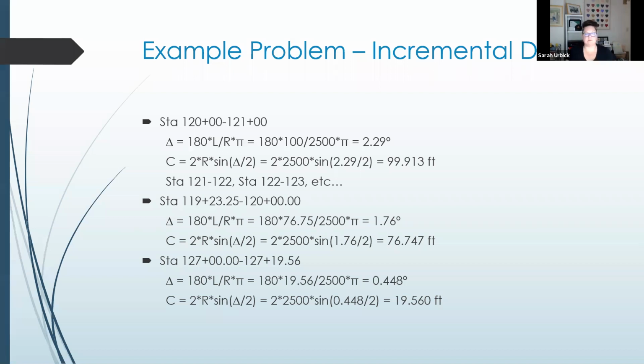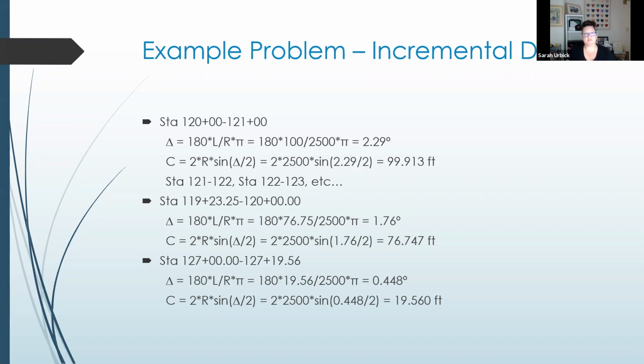So we can come up with what our interior angle is for that, 1.76 degrees. Once we've found that angle, we can find our chord length.